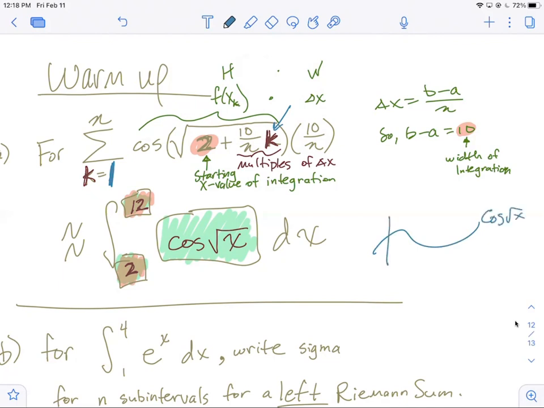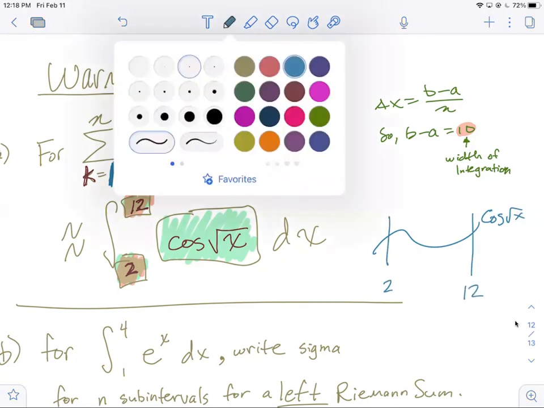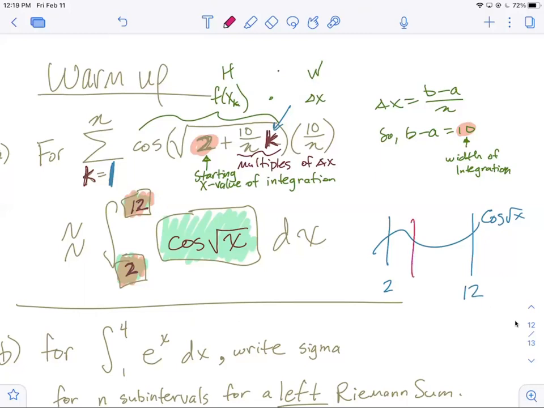I know it doesn't, but we're starting here at 2 and we're going to 12. But when we do our approximation, we partition this up into pieces, right? So this value here is going to be 2 plus the width times 1. This x value here is going to be 2 plus a width times 2, or 2 widths away, right? When we plug in a 1 for k, your starting y value is 2 plus a width. So that's your first value. So then you draw it back to the right. So that has to be a right Riemann sum.